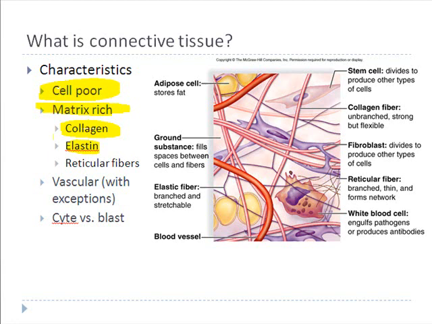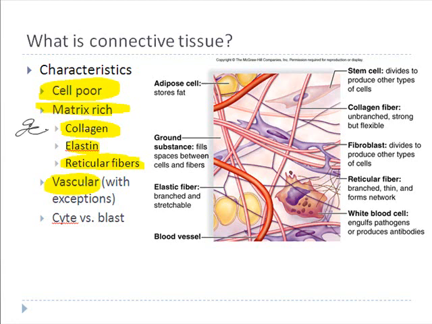It often consists of elastin fibers, which have the ability to stretch and recoil after being stretched, and also reticular fibers, which can be used, for example, as a sort of mesh-like network for filtration purposes, as we see in the spleen. As I said again, connective tissue is highly vascular.